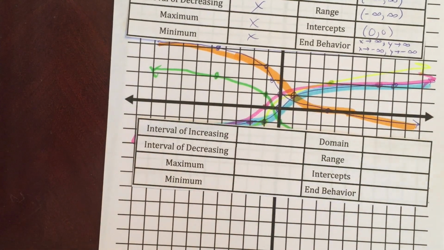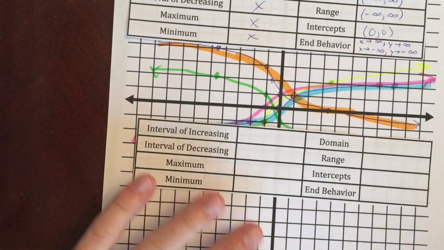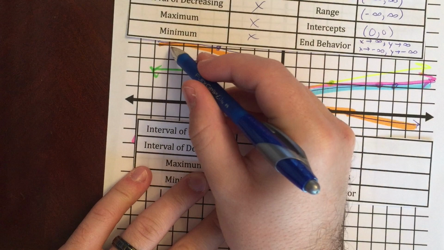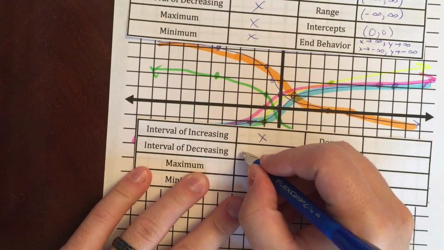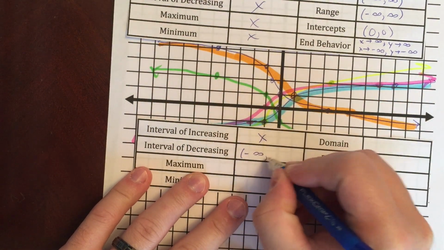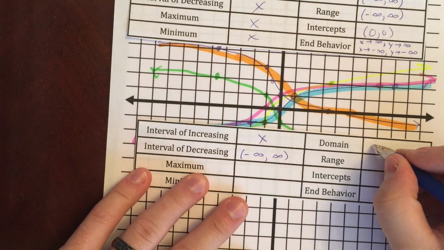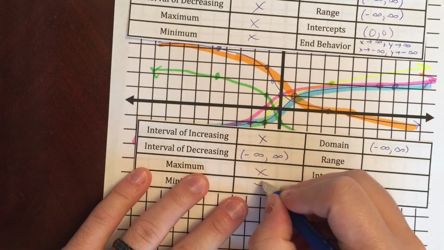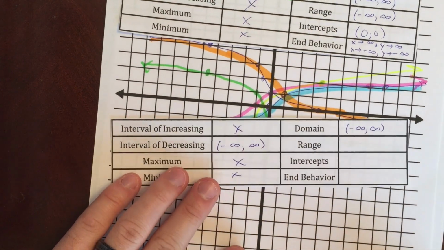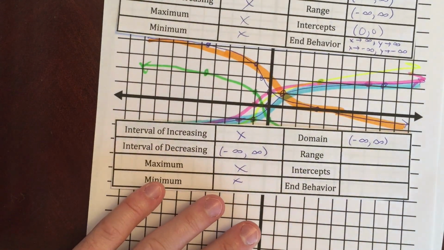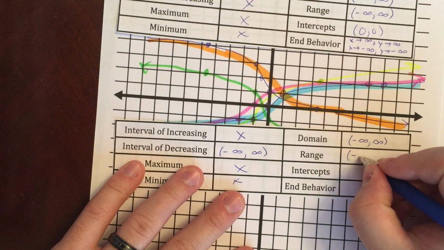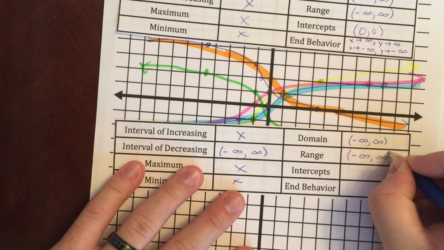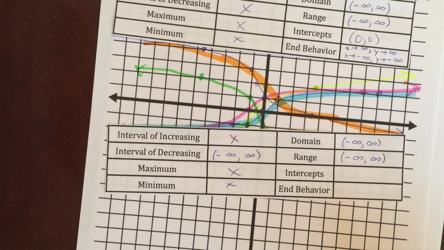So the interval of increasing no longer exists because now the function is decreasing across the entire domain. Again, there is no absolute maximum or minimum because the graph will never reach an absolute max or an absolute minimum. The range, though, goes forever. That didn't change.